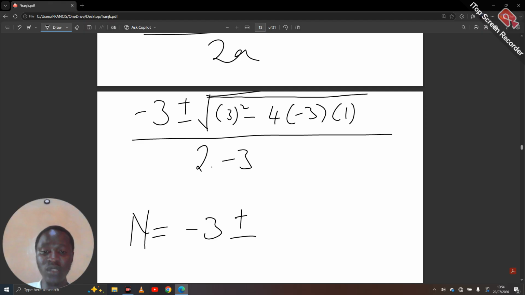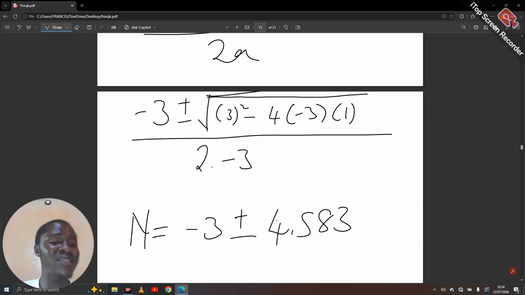Just use a calculator. So we shall have 4.583. It is not a must that all questions under the root sign will always be perfect.